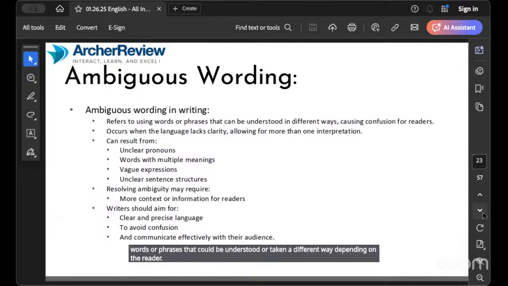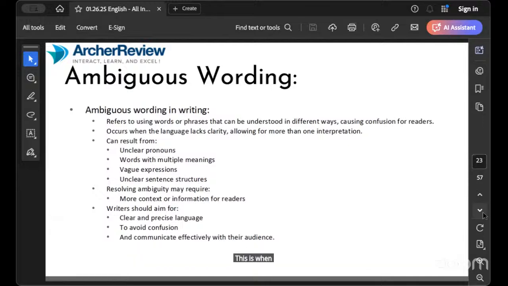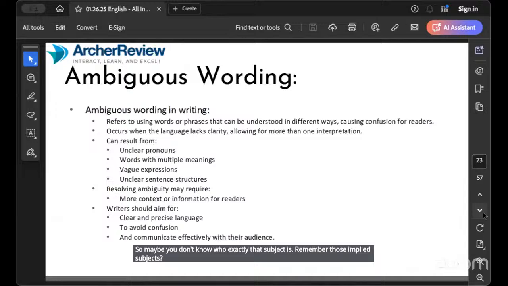This is when you are using unclear pronouns, words that have multiple meanings, vague expressions, unclear sentence structure. So maybe you don't know who exactly that subject is. Remember those implied subjects? Be careful of those.